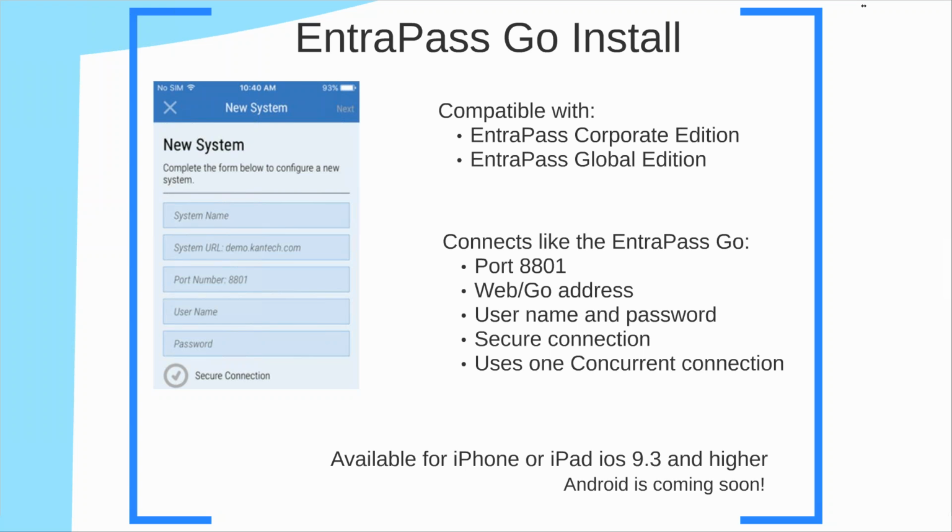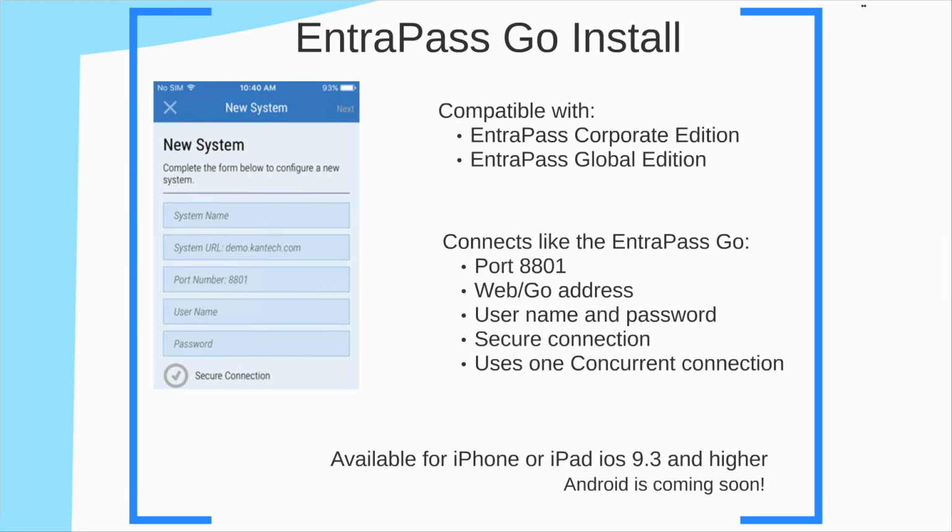It does require EntraPass Corporate or Global Edition version 7.0 or higher. It connects like EntraPass Go. So you all love EntraPass Go, where you can unlock your doors, add cards, view video, and so on.